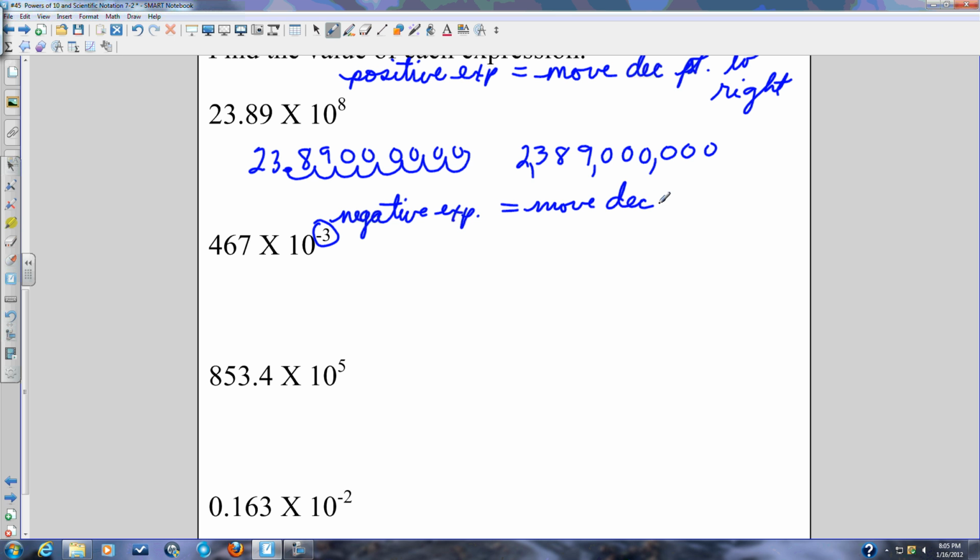Move decimal point to the left. Okay, so 467 has a decimal point at the end of the number. Let's move it to the left 3 places. 1, 2, 3. So we end up with 0.467.